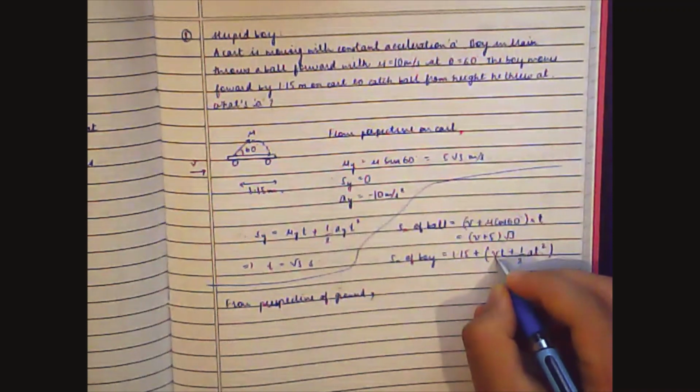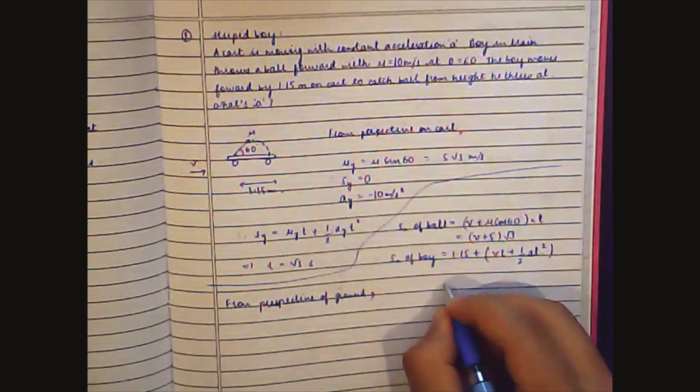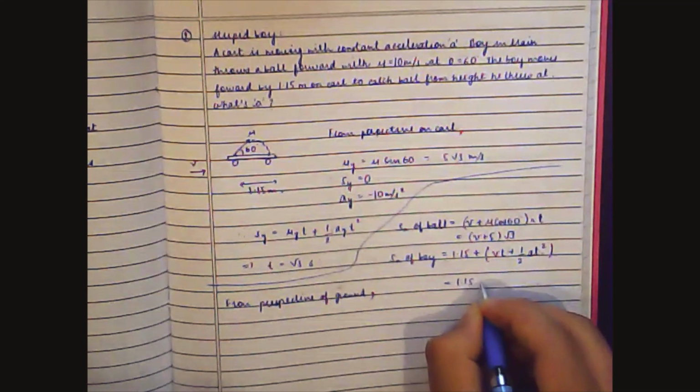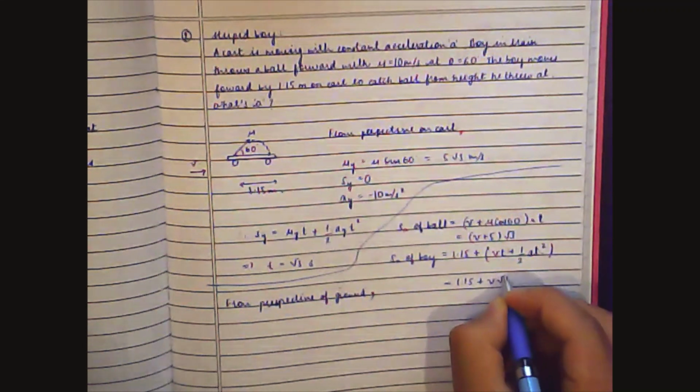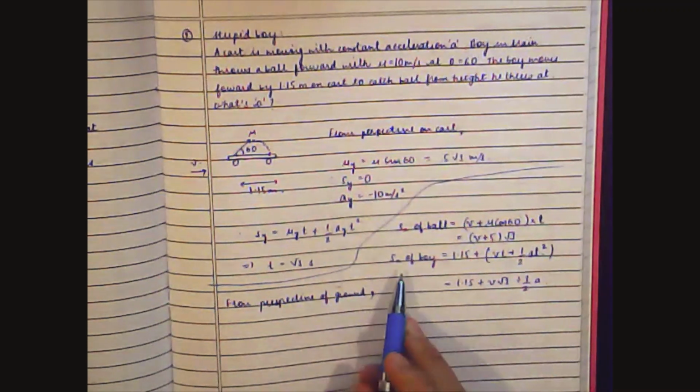Vt, v is velocity of cart and a is the acceleration of the cart, right? So this becomes 1.15 plus v root 3 plus 3 by 2 a. Okay, this is the Sx of boy.